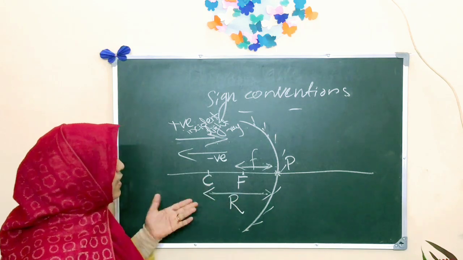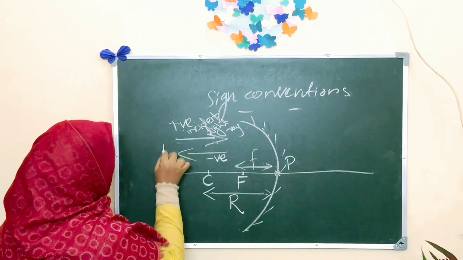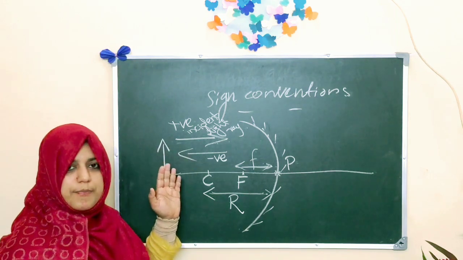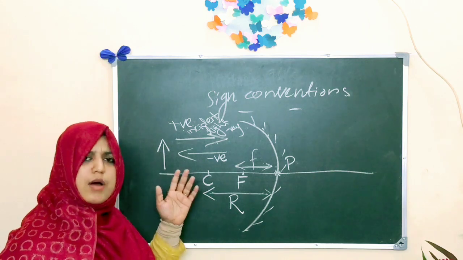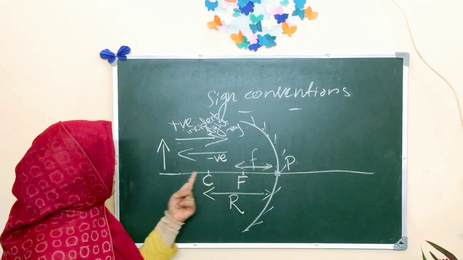Next comes the third sign convention. Upward distances or upward heights perpendicular to the principal axis.